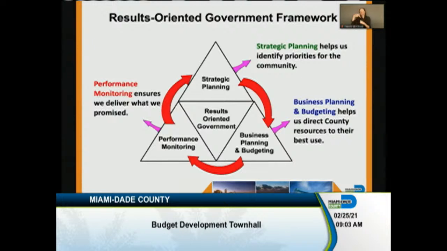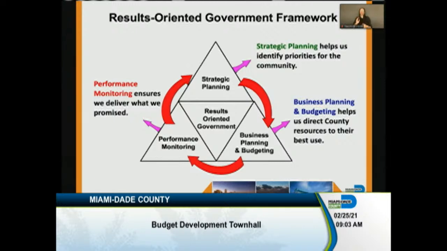Second, every year, departments prepare their business plans and budgets. These show how they support the priorities in the strategic plan and help make sure that we are all focused on delivering services in demand to our residents.